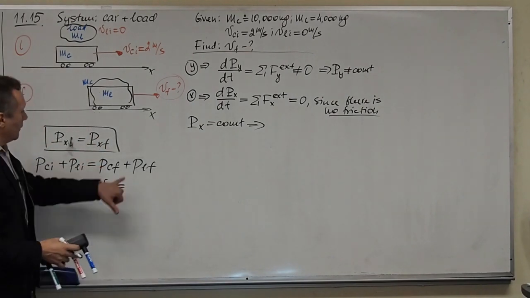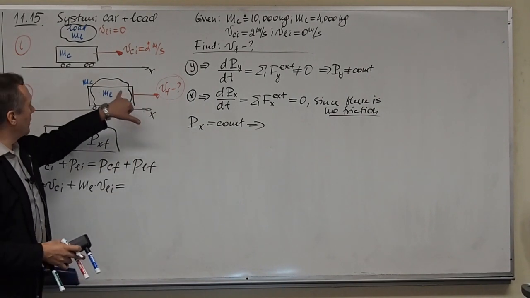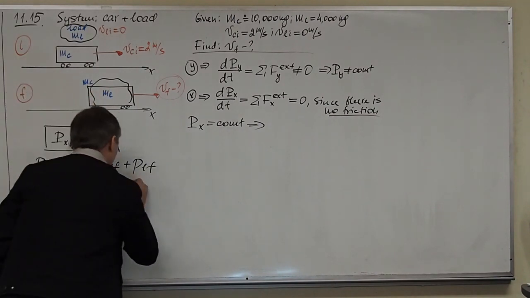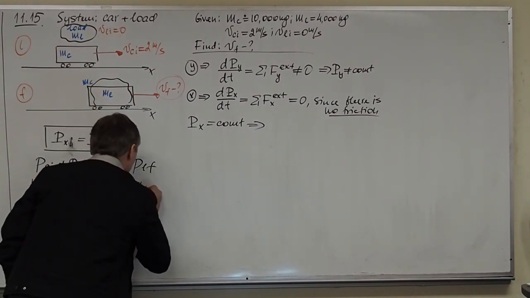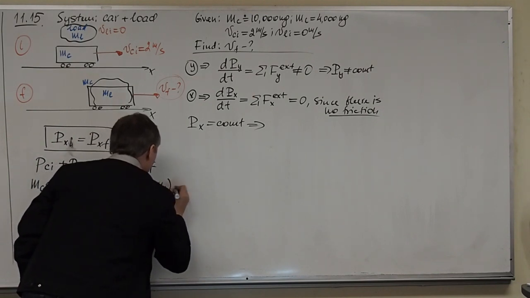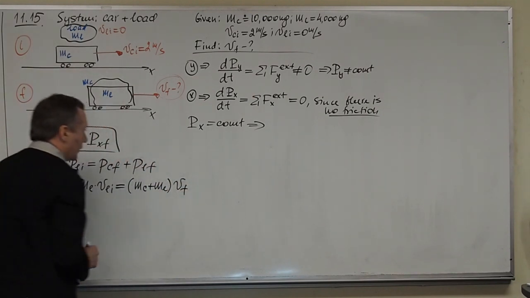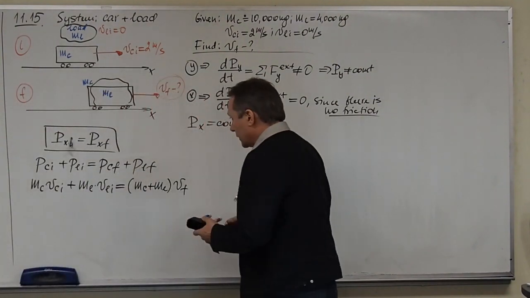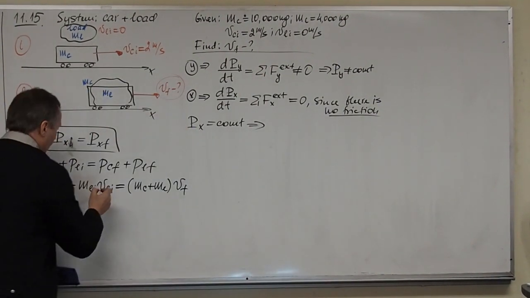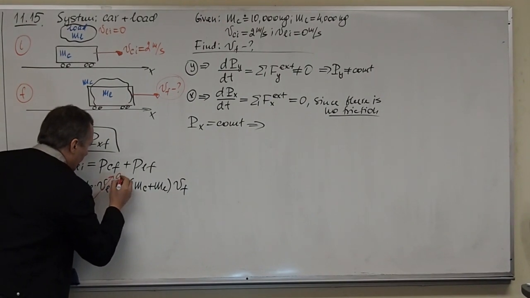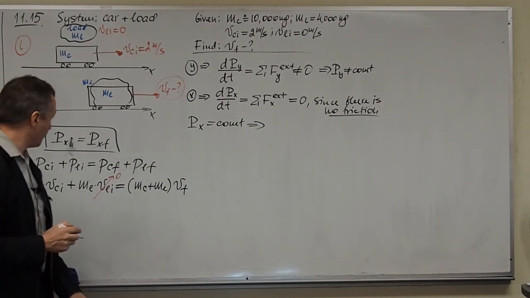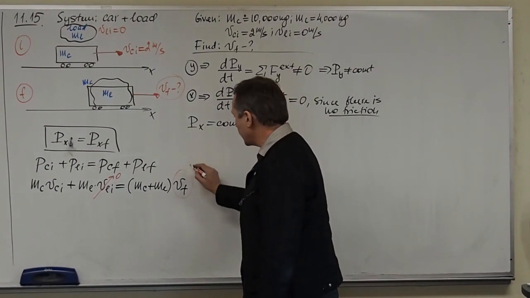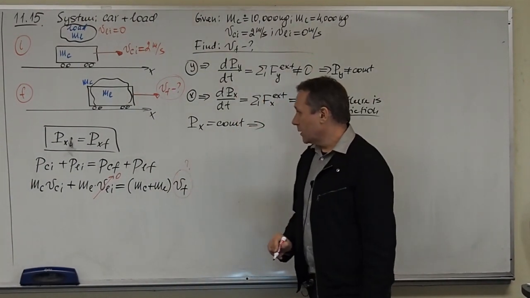And the velocity final of the car and the load is exactly the same, so I can factor it out. So I can write the mass of the car plus the mass of the load, times velocity final. Let's remove this initial velocity of the load because it is 0. And that's what we need to find, that's our question.